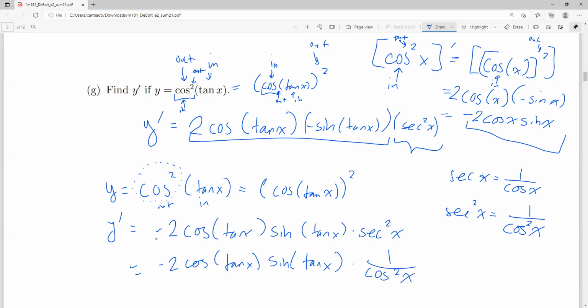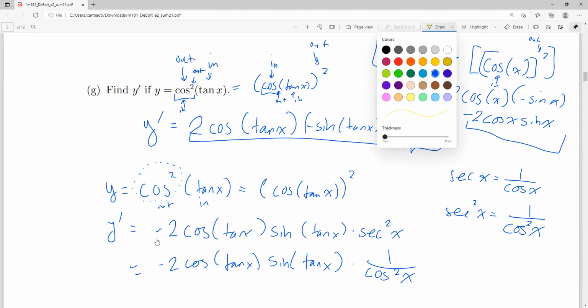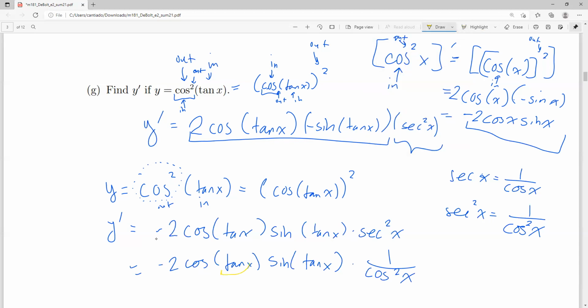And we can see we can actually, no, we can't cancel it. I thought we could, but we can't. And the reason why, look at this. Inside the cosine function is tangent x. Inside the secant function is x.